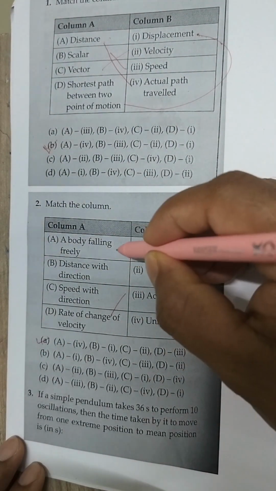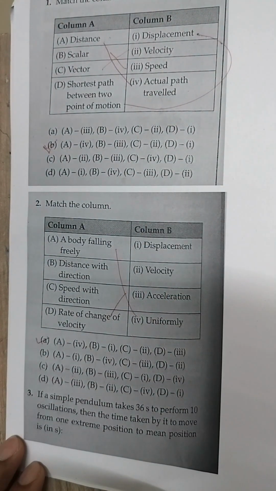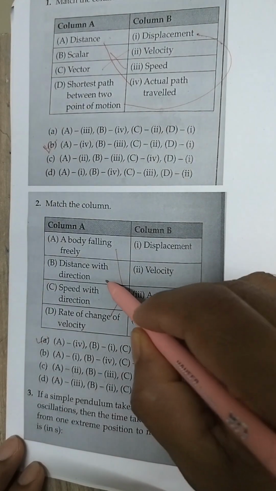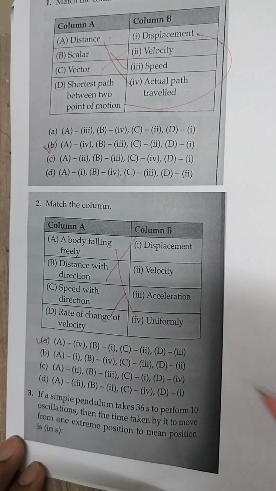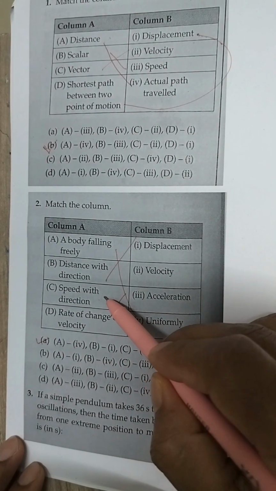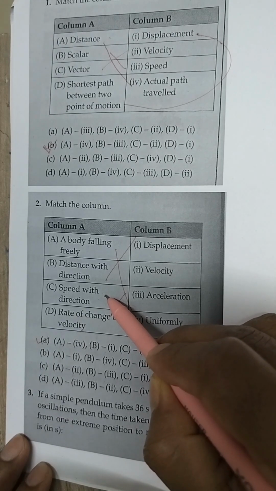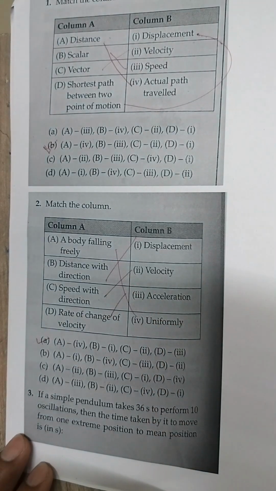has uniform acceleration. You can put this. Then distance with direction: if something is distance with direction, then it will be known as displacement. A speed with direction: speed is a scalar quantity, but a speed with direction will become a vector quantity. It will become velocity.